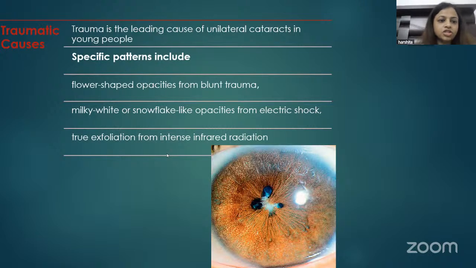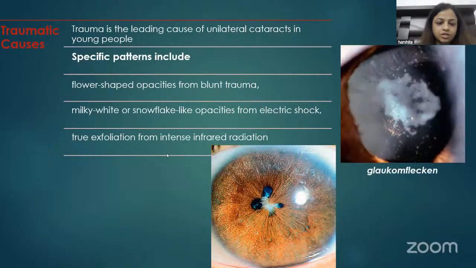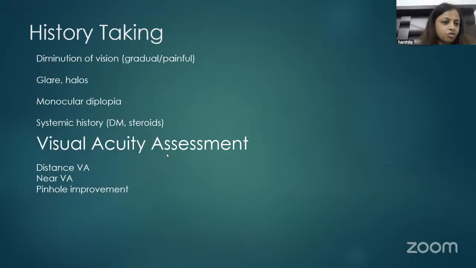So we see flower-shaped opacities from blunt trauma, milky white snowflake-like cataract from electric shock, and true exfoliation from intense infrared radiation. So these are some of the other secondary cataracts, like glaukomflecken, and extensive posterior and anterior lens opacity secondary to chronic uveitis.